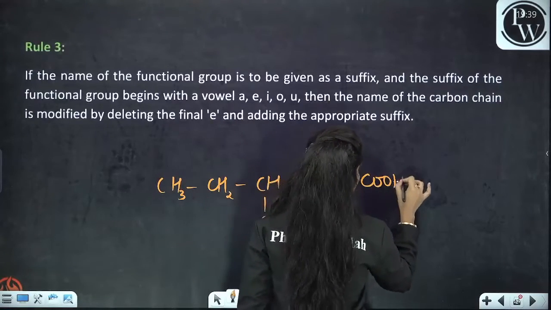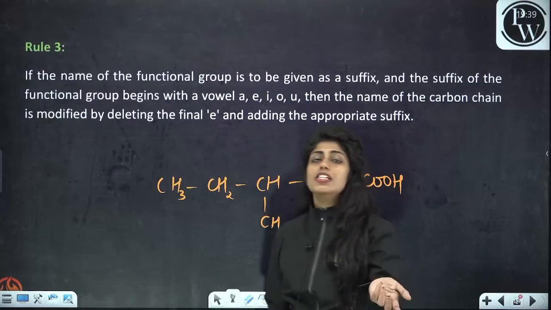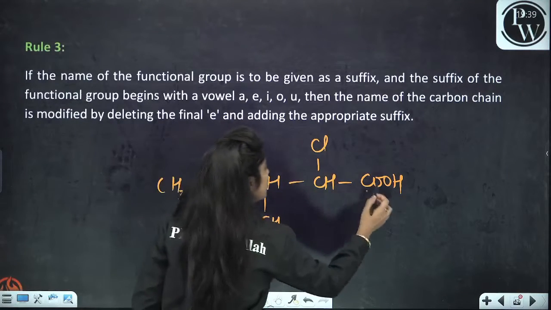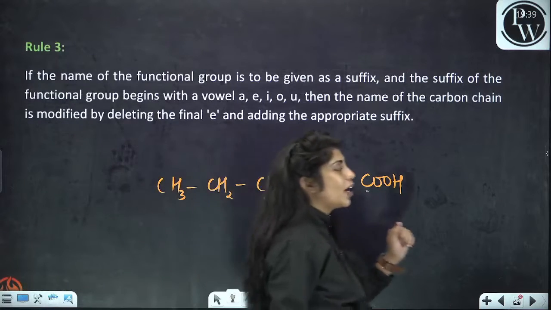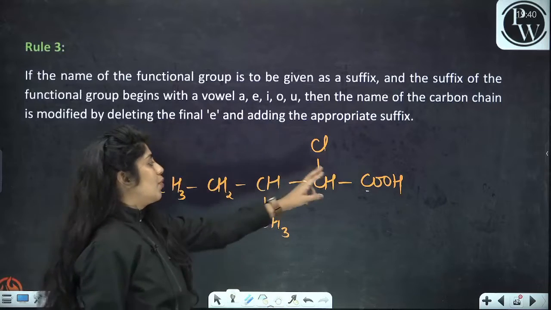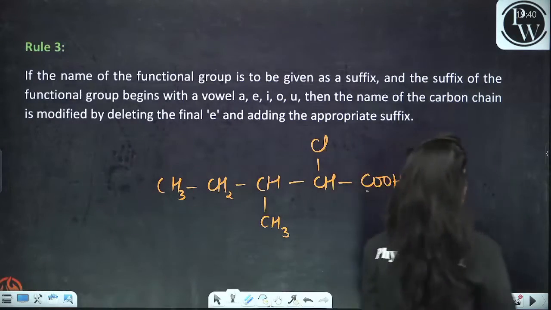I'll hint you, otherwise you will say, ma'am, you have done the easiest one and you are giving us a tough job. Basically, this carbon you need to count, and this is coming from the suffix side, so you have to prioritize this. Now you can name it.